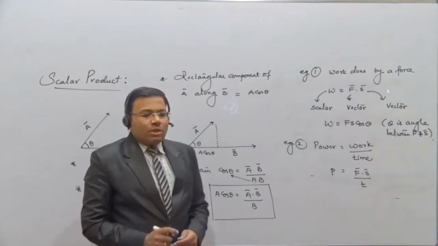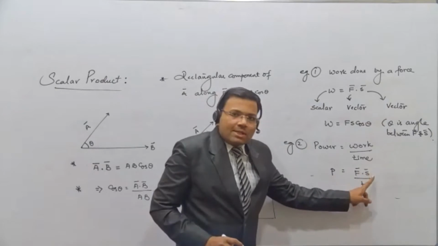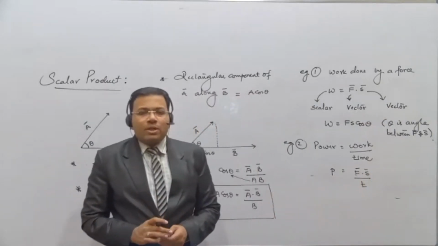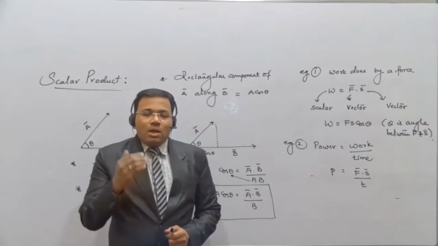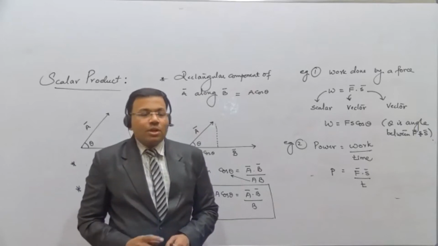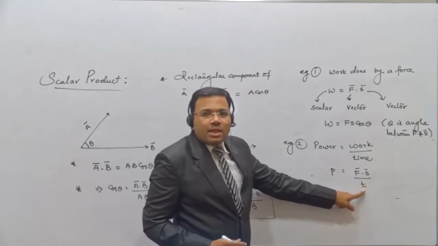Now one more thing we need here: this is the displacement, students, and this is time. And you should know, students, displacement by time is a velocity. Velocity by time is an acceleration. So displacement by time I am considering as a velocity.